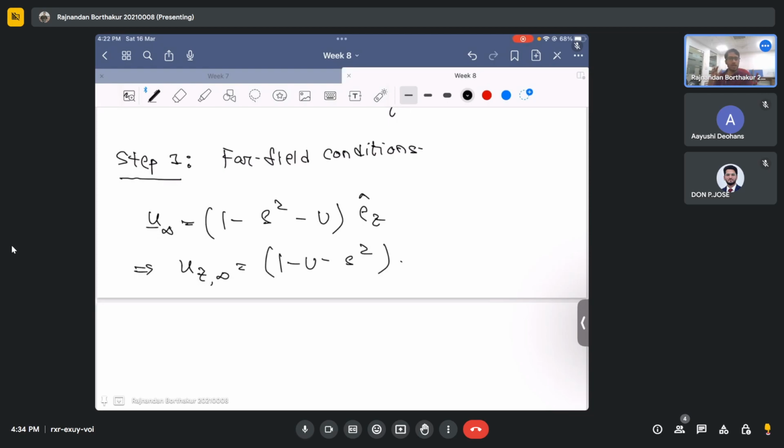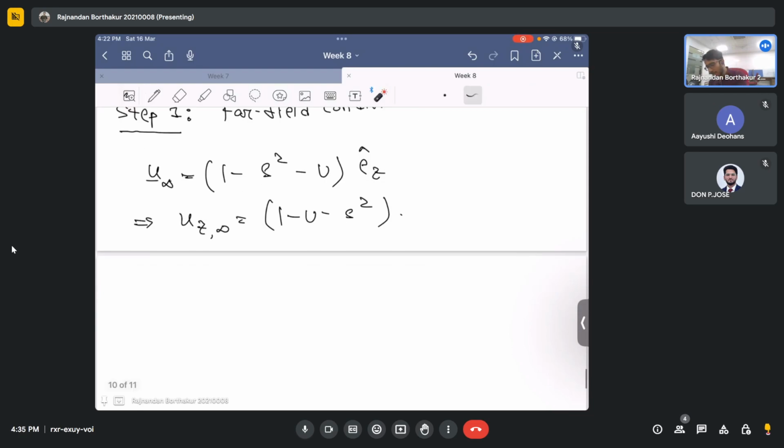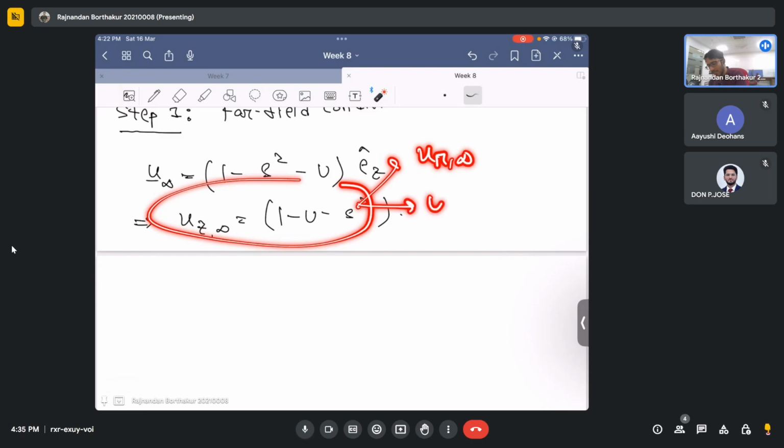But we are solving this in a system which varies in r, eta, and phi. We don't have phi because it's an axisymmetric problem, which means I need to convert this velocity into ur infinity and u eta infinity, or u theta infinity, whatever you wish to write.